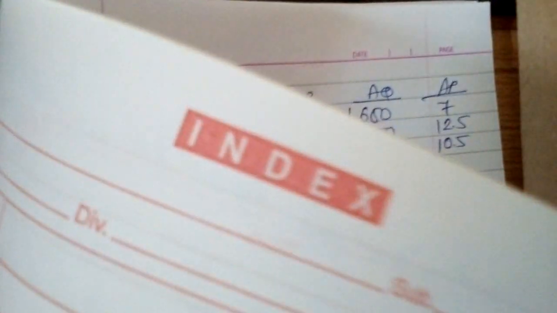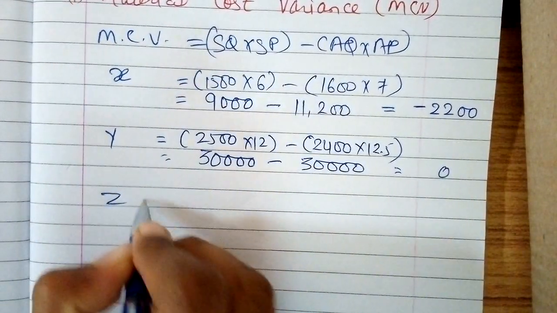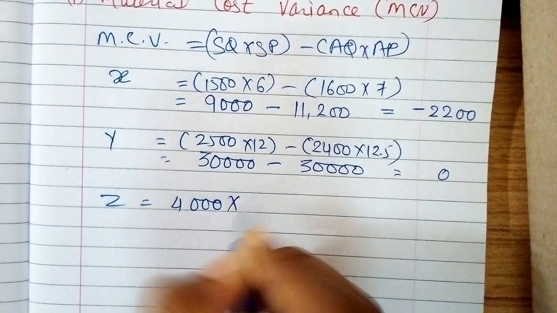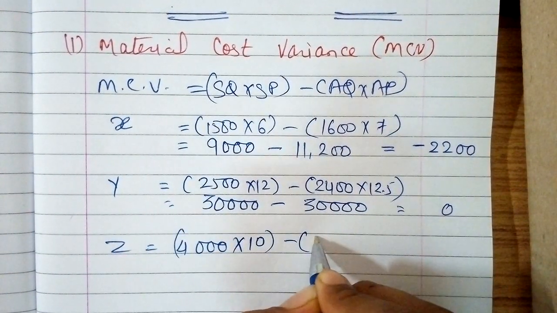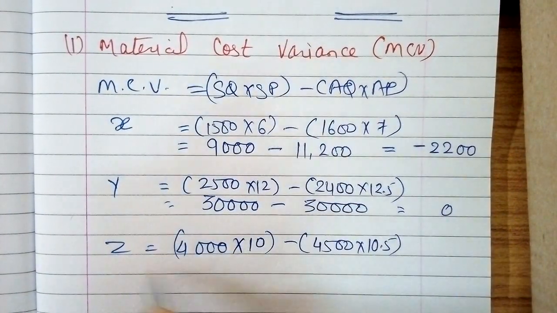And for Z, 4,000 into 10 minus 4,500 into 10.5.